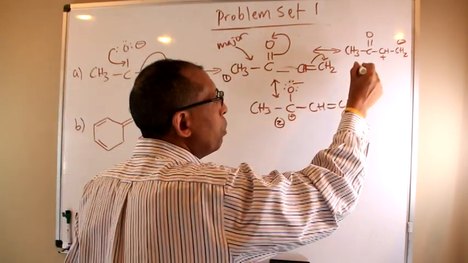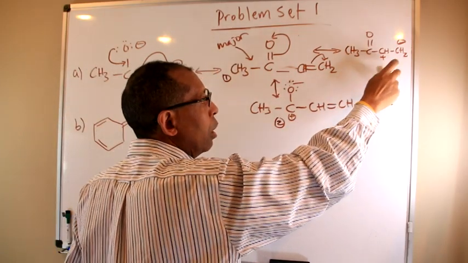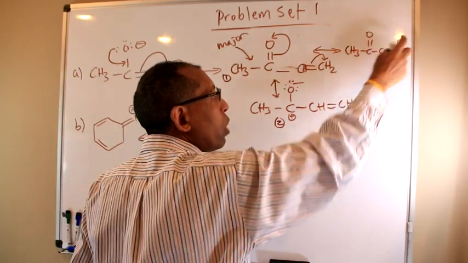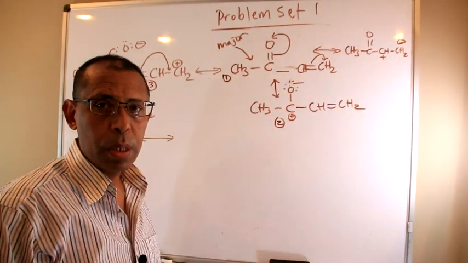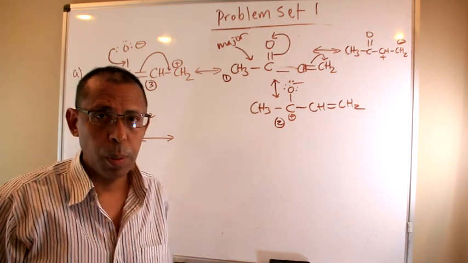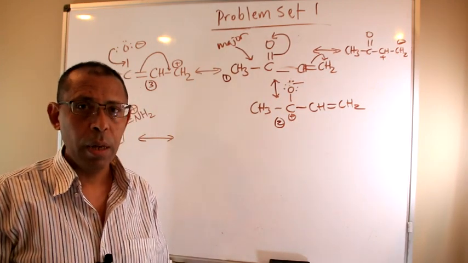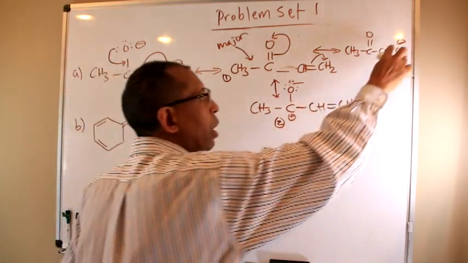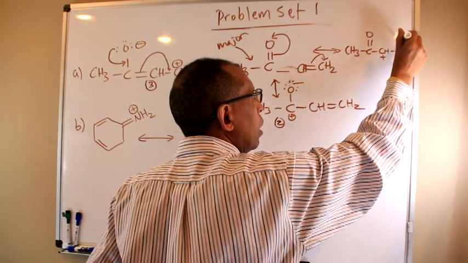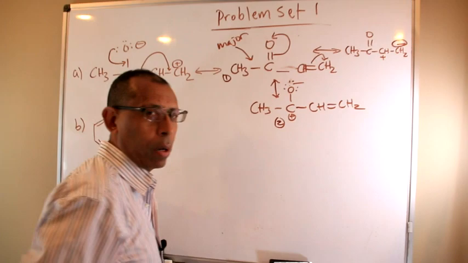The least one would be this, I would say, because the negative charge is on a more electropositive atom. Carbon, if you remember, the electronegativity scale for carbon is 2.2. So the negative charge, which is this charge, doesn't like to stay on carbon.